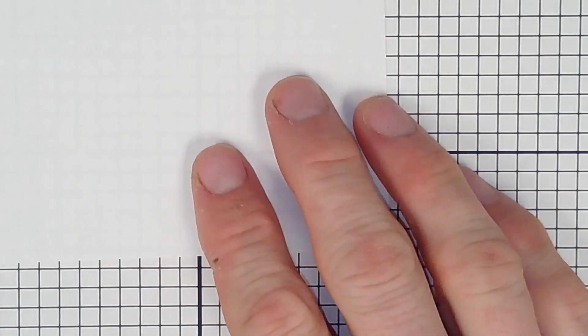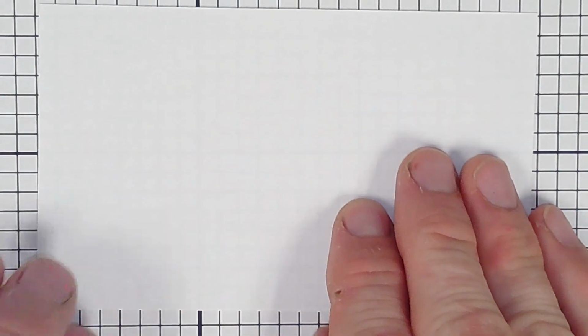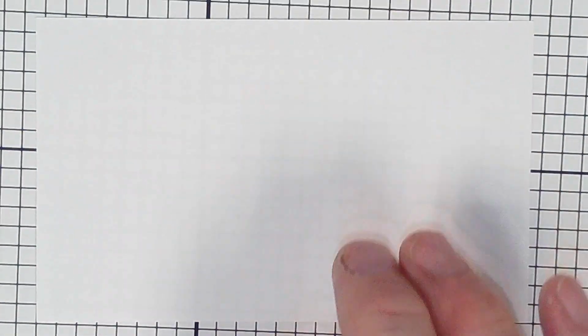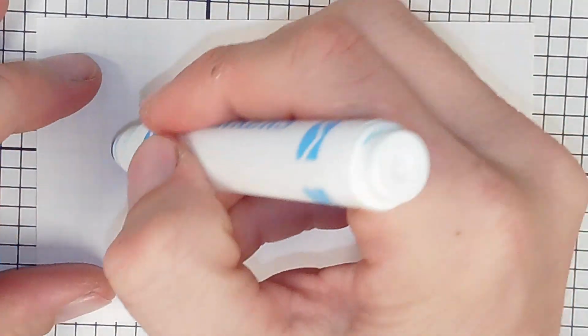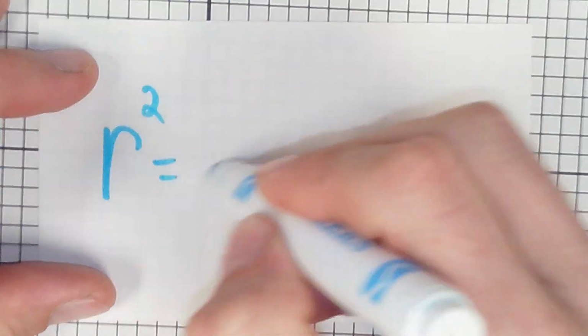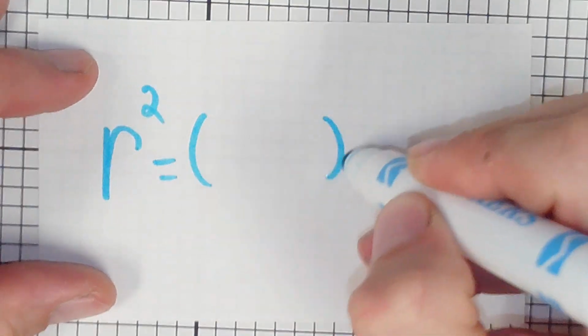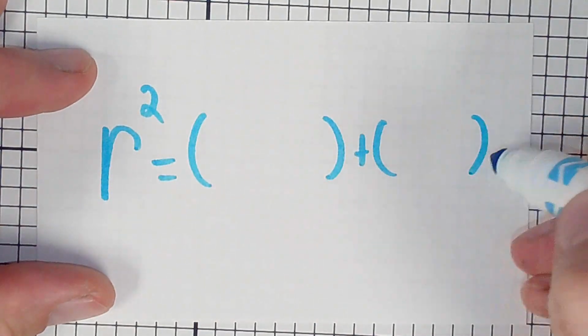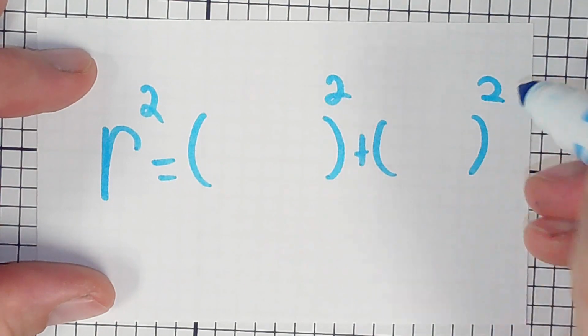Okay, so we have a point. All right, but first, before we get to it, I'll just go ahead and show you what the equation is. So the equation is the radius squared equals two points squared.